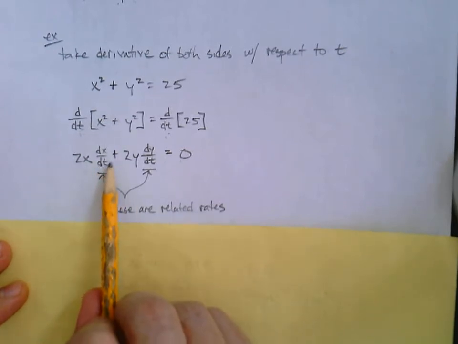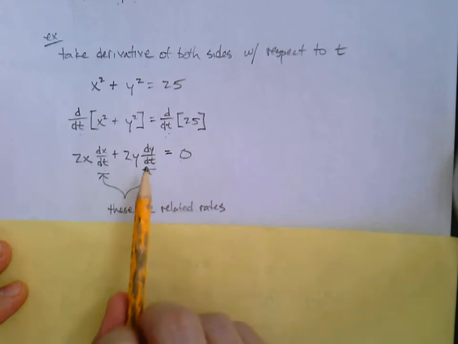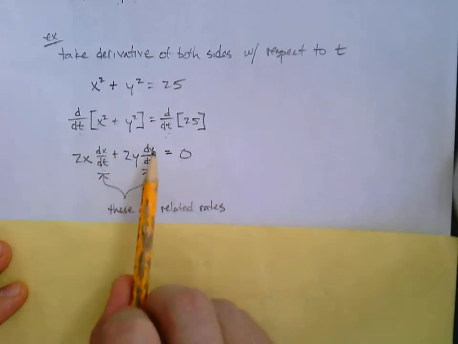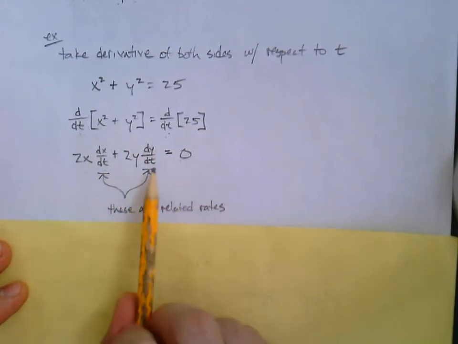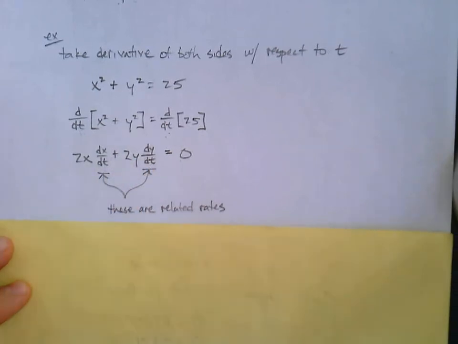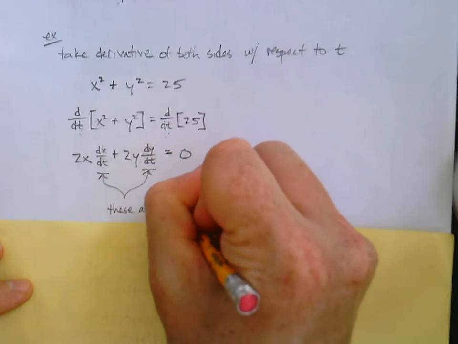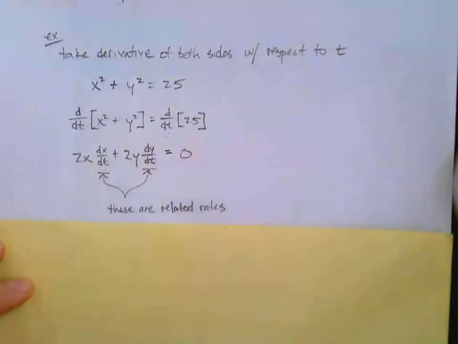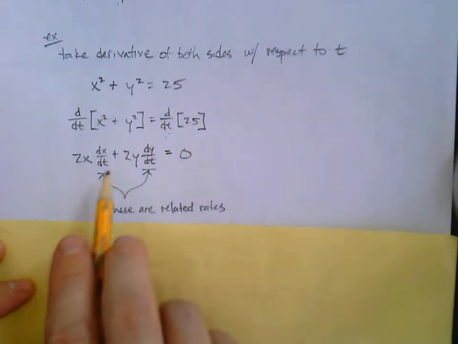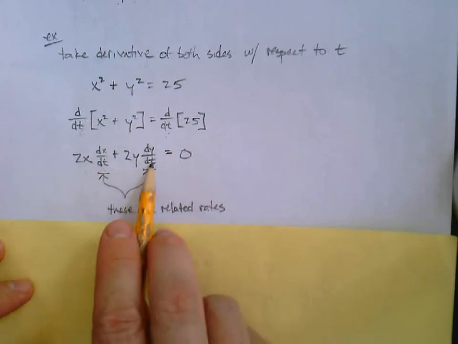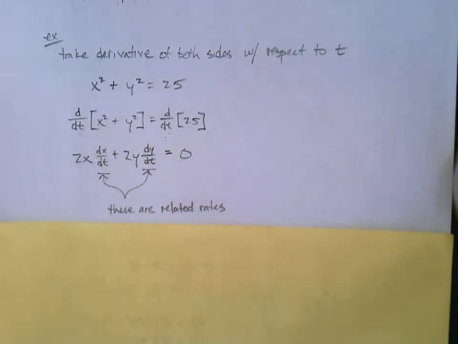Derivatives represent a rate of change, an instantaneous rate of change. So there's a rate of change, there's a rate of change. They're connected in this equation, so we can see how those two rates are related to one another, and we literally have related rates. This one tells us how x is changing, this one how y is changing. There you go.